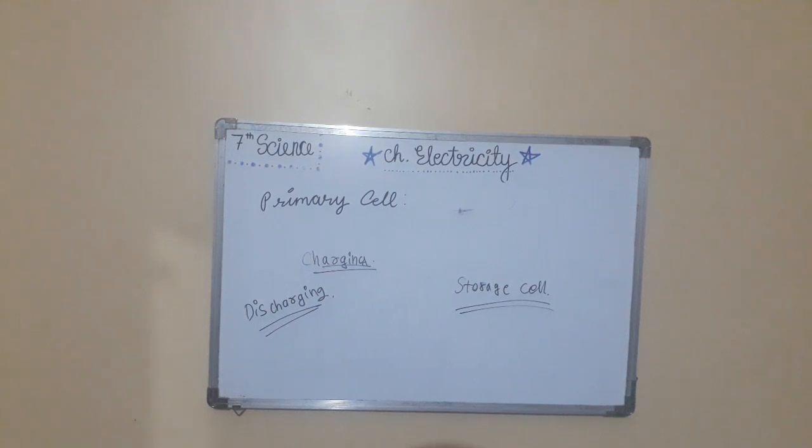Lead acid storage battery. It usually consists of 6 cells. Electrolyte: the electrolyte used in such batteries is generally a dilute solution of sulfuric acid. Next is electrode.